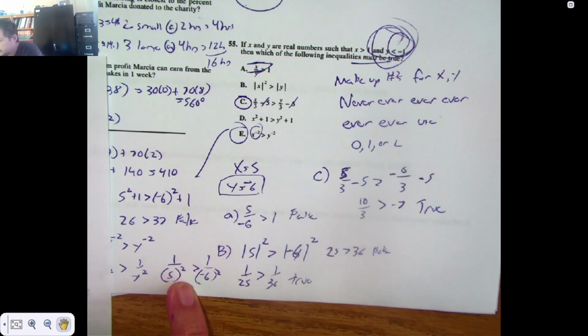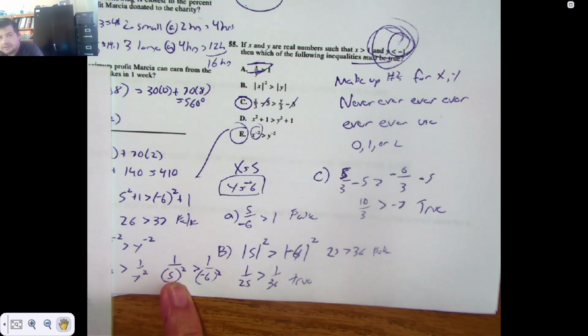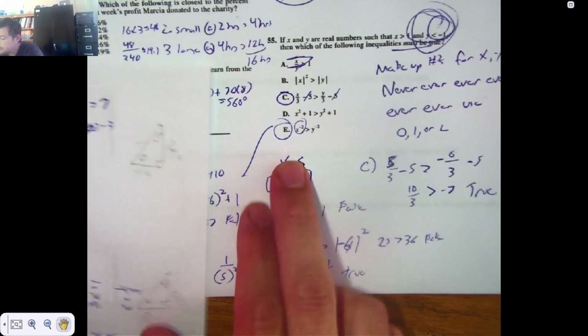Or if you let y be negative 3, or y be negative 10. I think it's pretty easy to come up with an idea that makes this one fall.